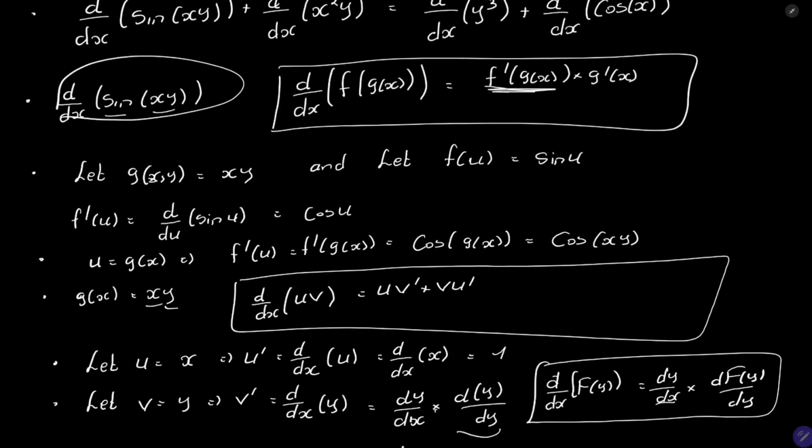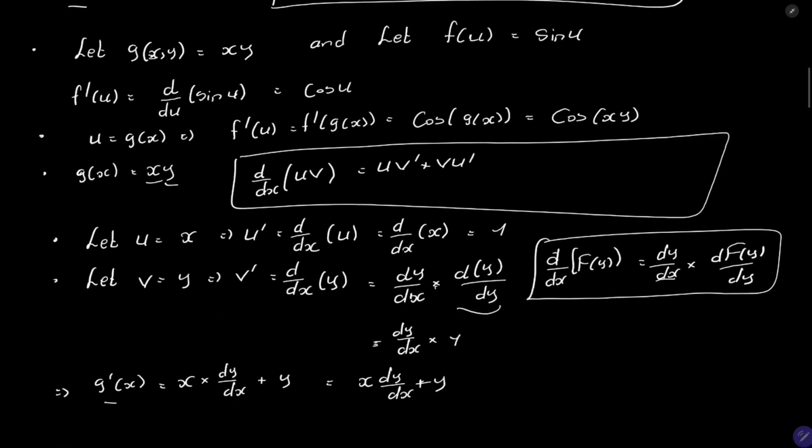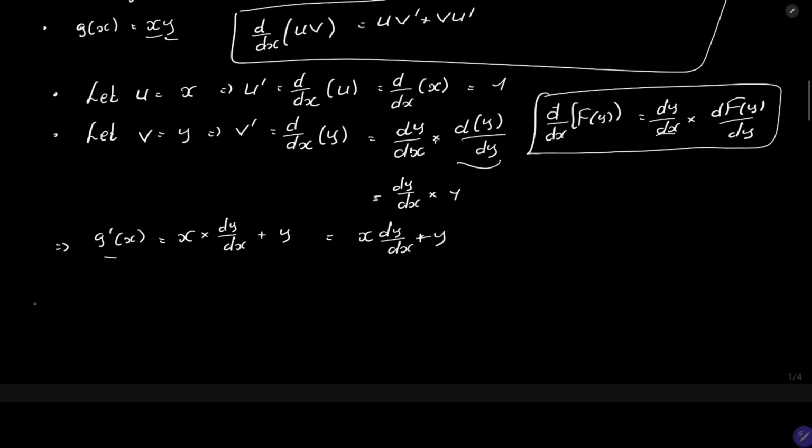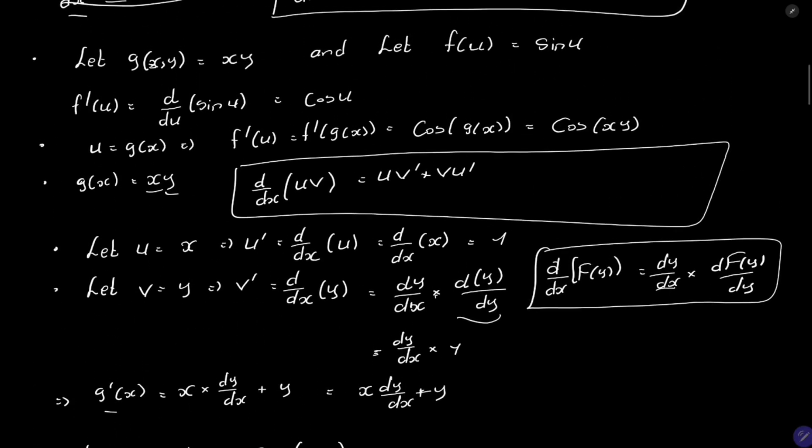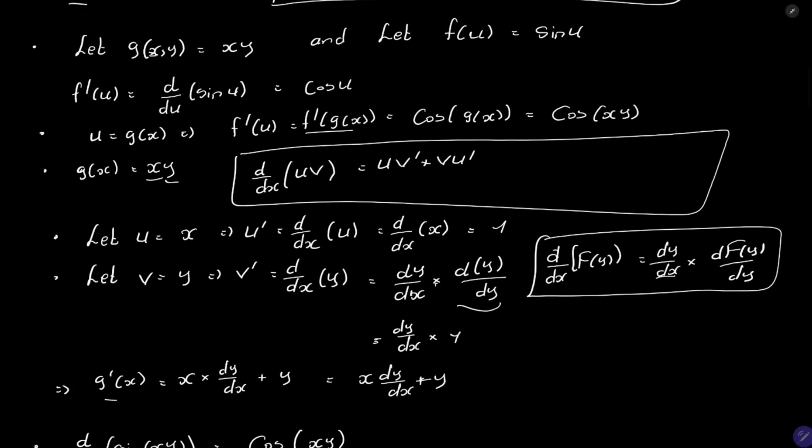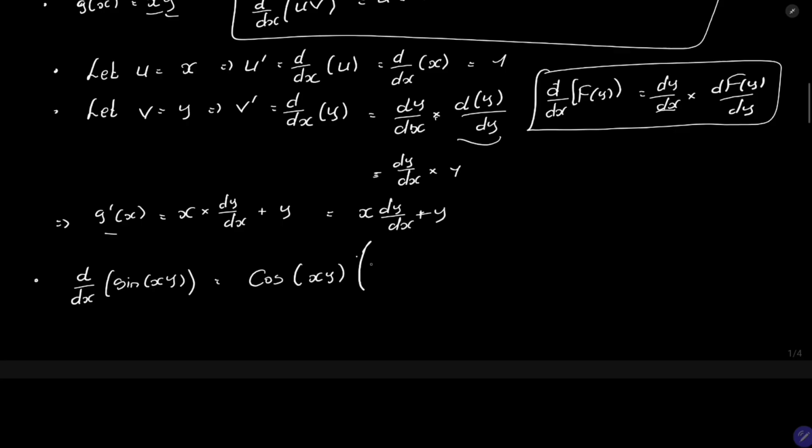So we can then calculate the derivative for our first term, which is f prime of g of x times g prime of x. So the derivative with respect to x then of our first term, sine of xy, gives us cos of xy, that is f prime of g of x, times g prime of x, dy on the x plus y.